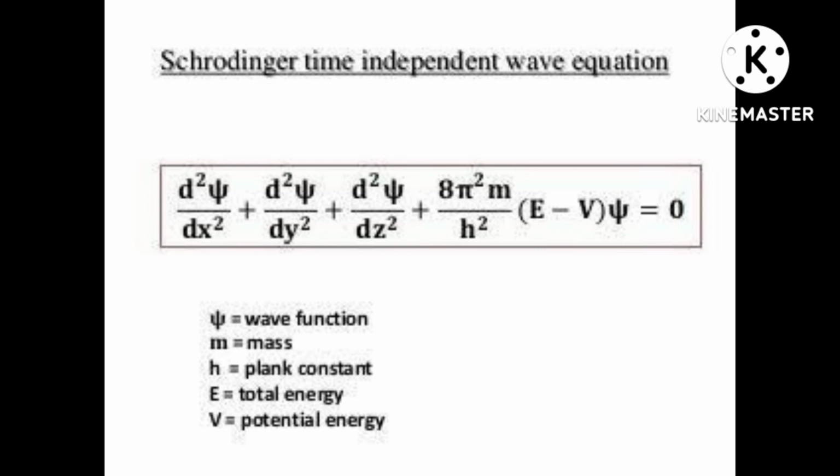That space, that room, is called an orbital. It is always probability, not guaranteed, not certainty.